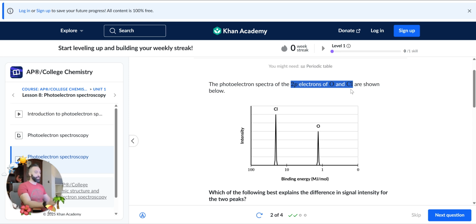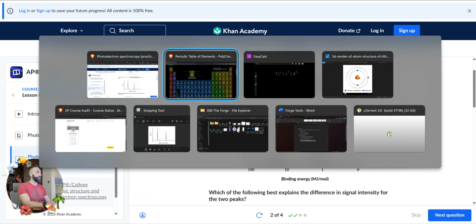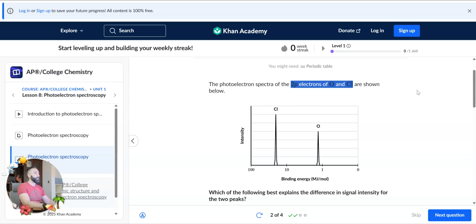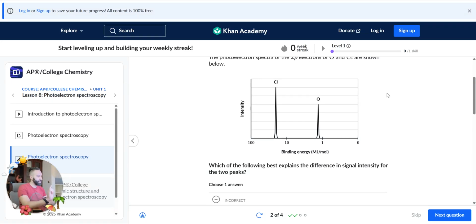Oxygen has 2p and chlorine has 2p, and above it even has 3p. But look at this, this is a cheeky question: the difference in signal intensity. Signal intensity means the size of the signal, how big this is.